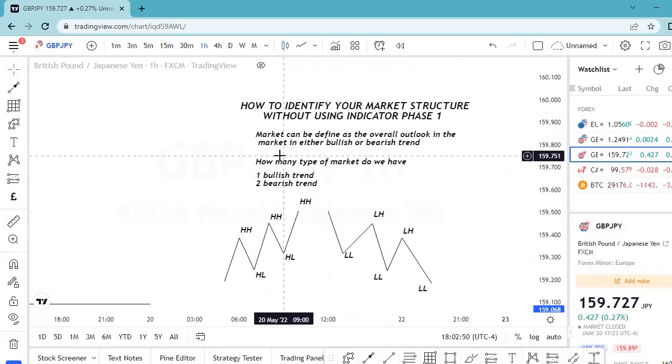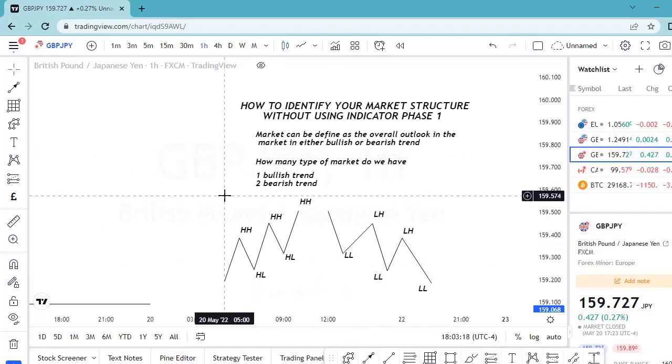So market structure phase 1, and also the definition: market structure can be defined as the overall outlook of the market in either a bullish or a bearish trend. How many types of market structure do we have? We have number 1, the bullish trend, and the bearish trend. On the bullish trend, what categorizes a bullish trend?